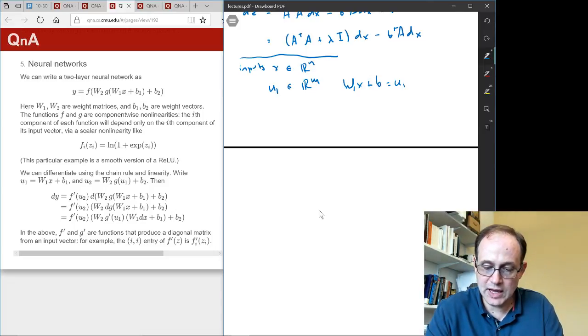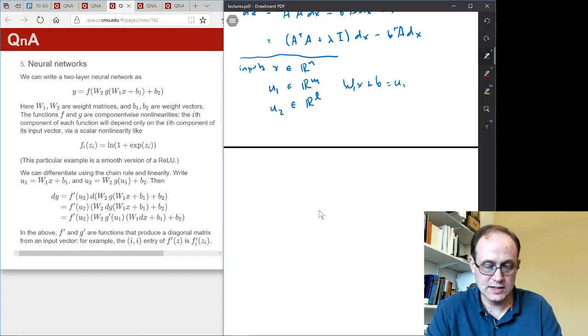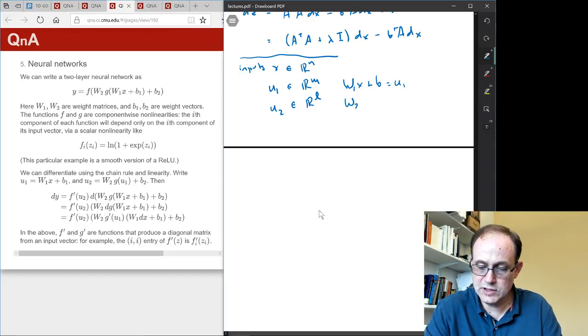And then we'll say U2 is in RL, and we're going to say that W2 times G of U1 plus B2, sorry, this should be B1 and this B2, we're going to call that U2.